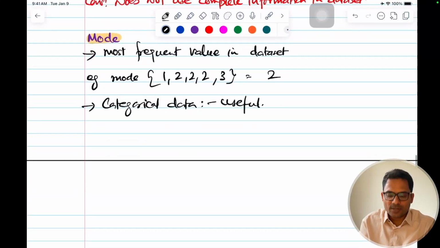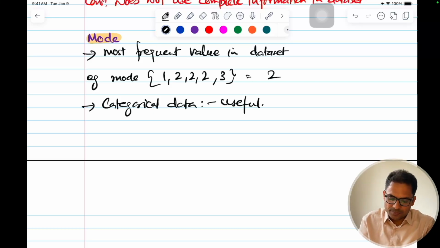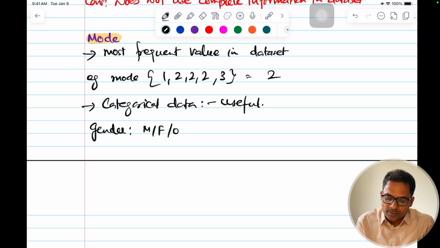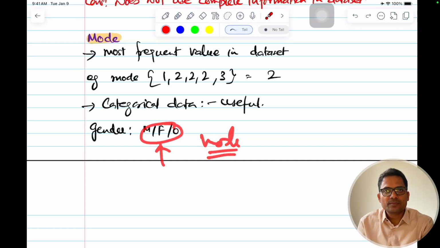For example, when we are discussing gender, male, female, others, whatever. The mode of the data will tell me whether the data I have collected has more male or more female. Whatever is more, that will be the mode of my data in this category.